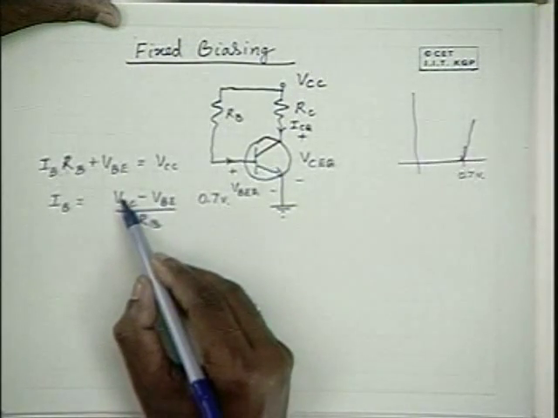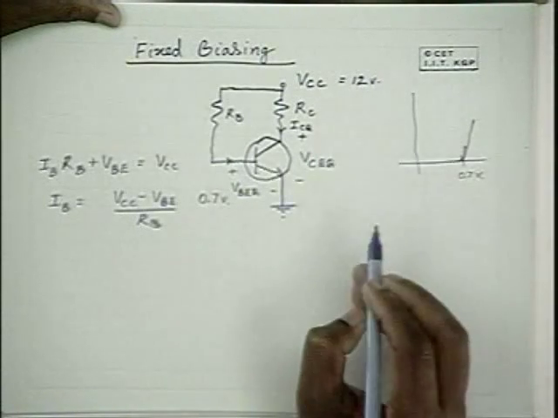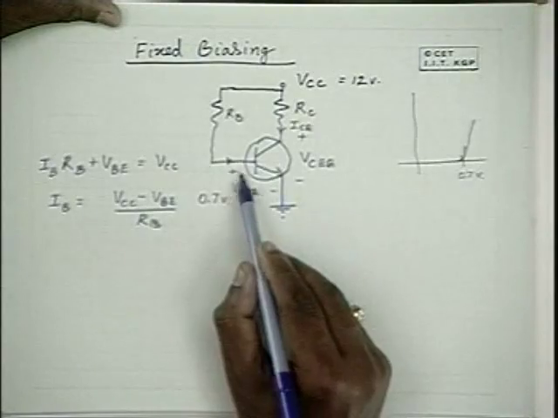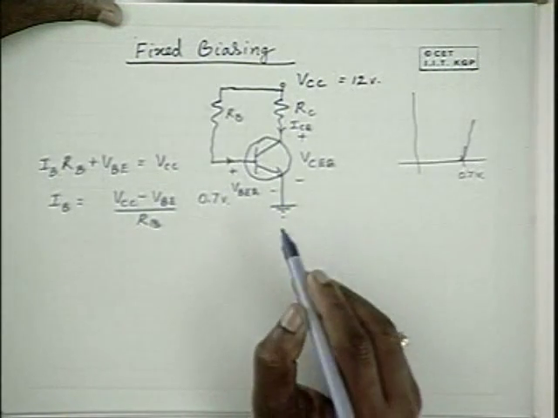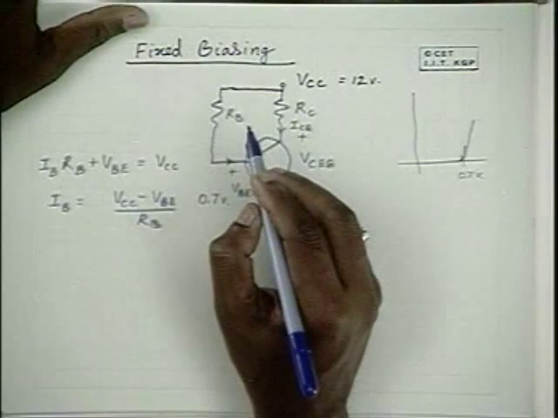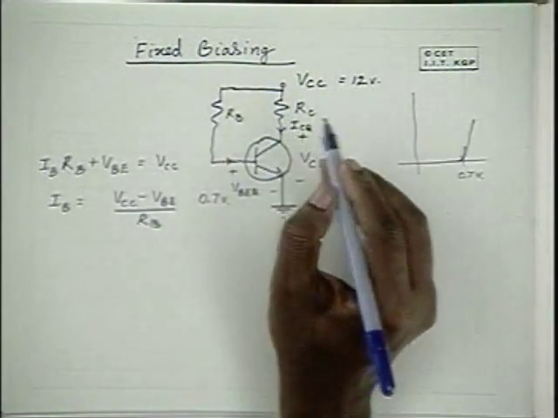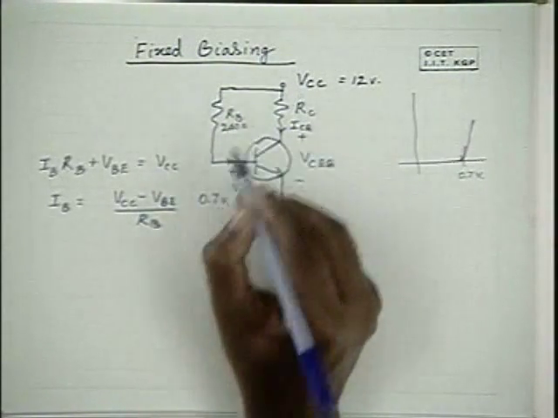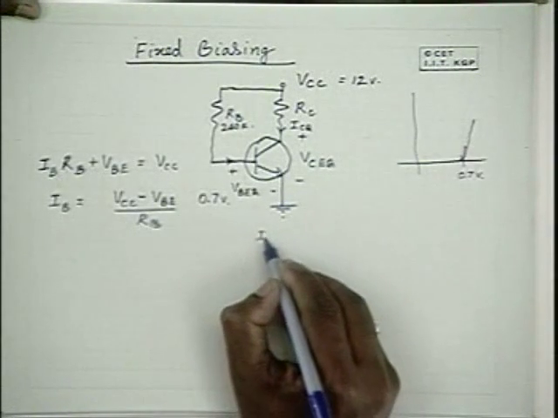So if VCC is 12 volts as an example, and it's a silicon transistor, so the base emitter potential is 0.7 volts, and RB is say 240 kilo ohms. In this example, how much IB do you expect?